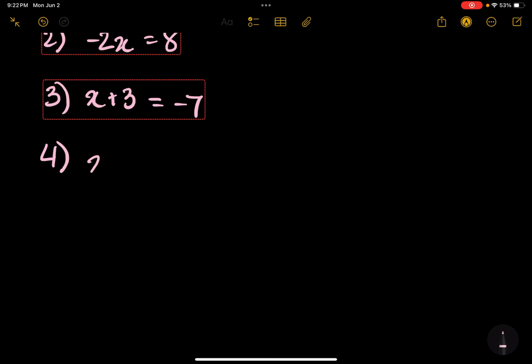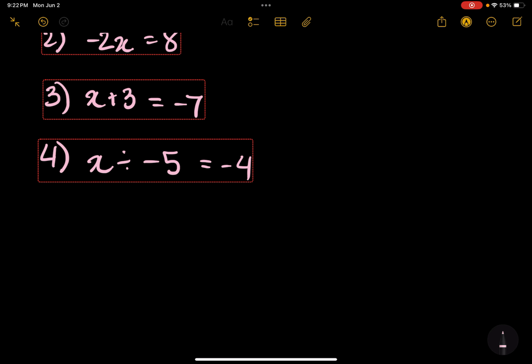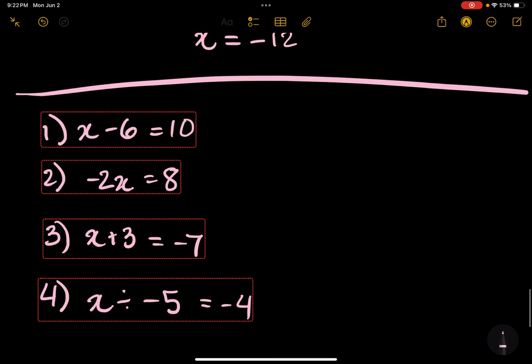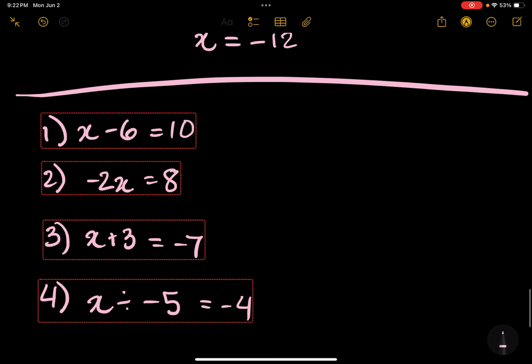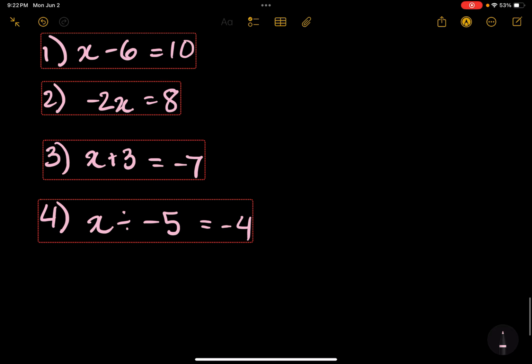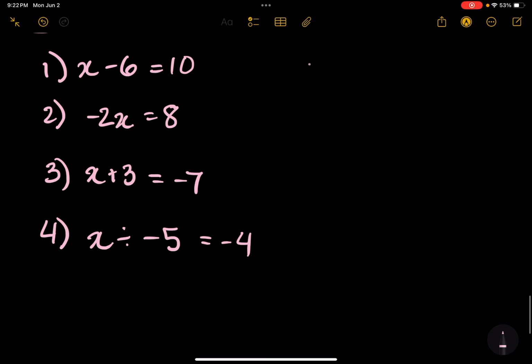For the fourth, x divided by negative 5 is equal to negative 4. So try and solve these on your own. Pause the video, but now I will give you the answers.